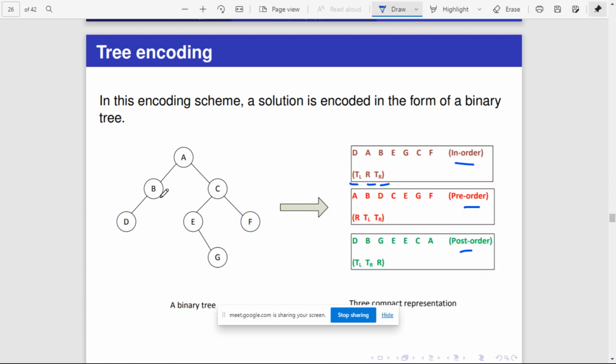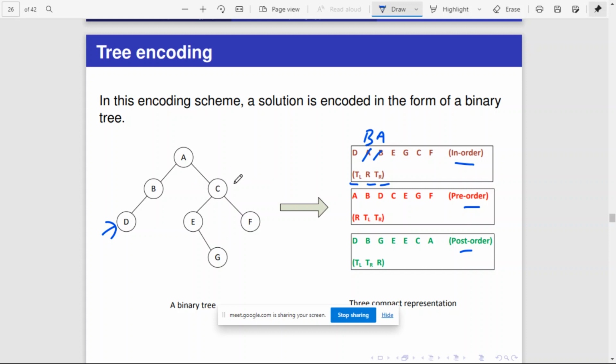We start from the root node and go to its left, which is D. D does not have any further left, so first visit D. Then B, actually I think this is not correct, this should be B. B does not have any right child. Now this entire left side is visited, now comes A.